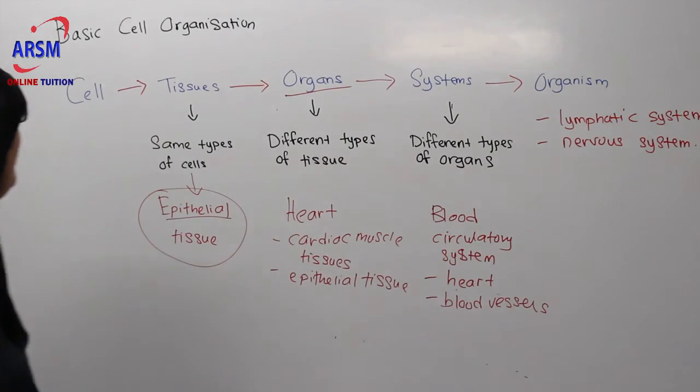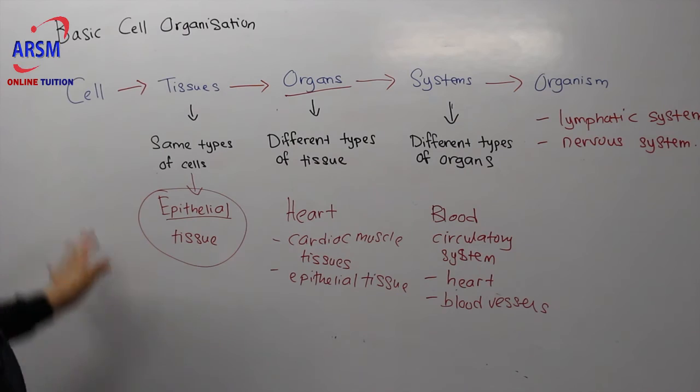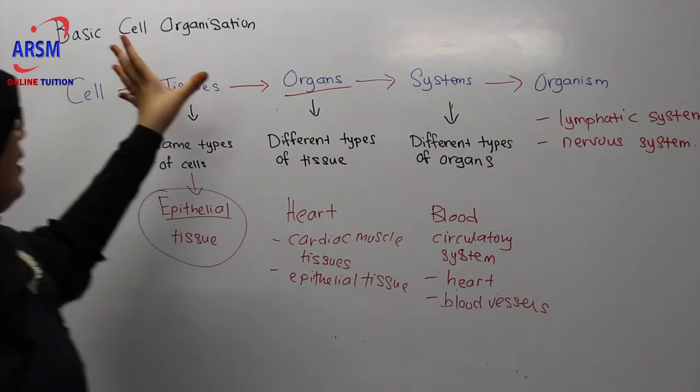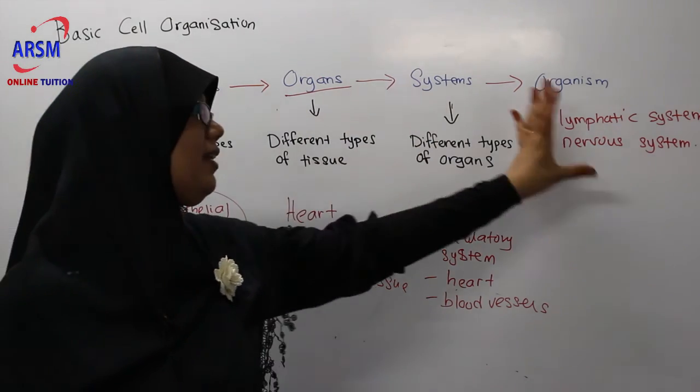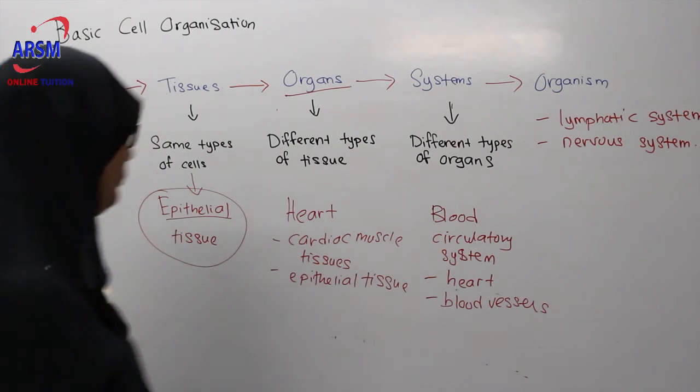So we have to know this cell organization. It starts from a cell, then tissues, organs, systems, and lastly it forms an organism.